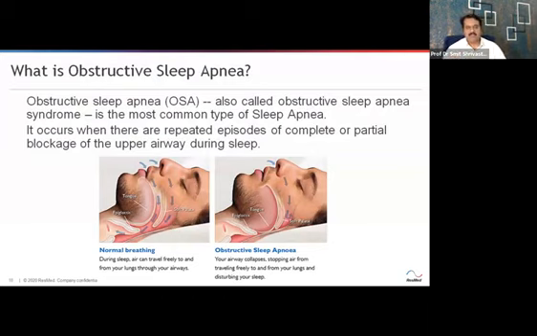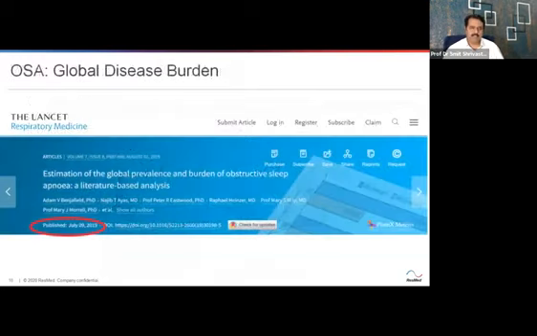And here we have repeated episodes of complete or partial blockage of the upper respiratory airway during sleep. And here the tongue can fall and obstruct. But this results in awakening, slight awakening, with an effort to resume breathing.